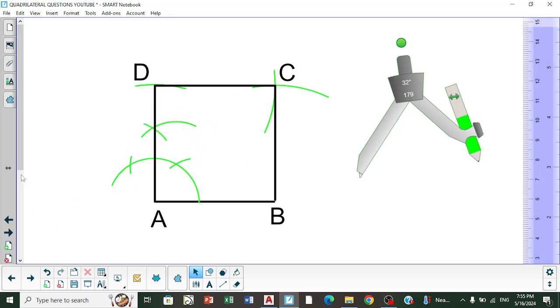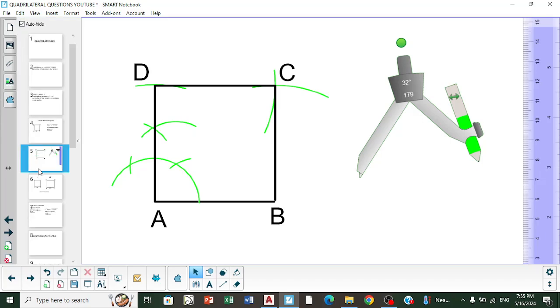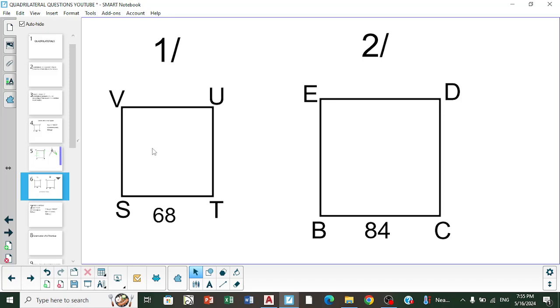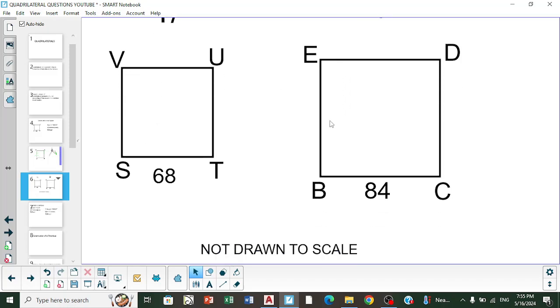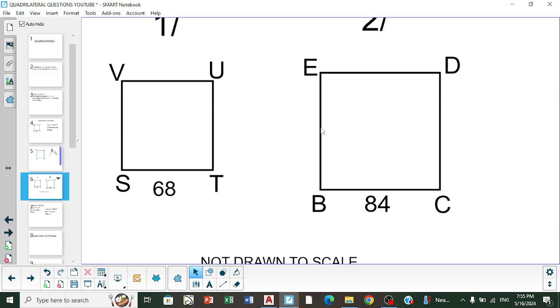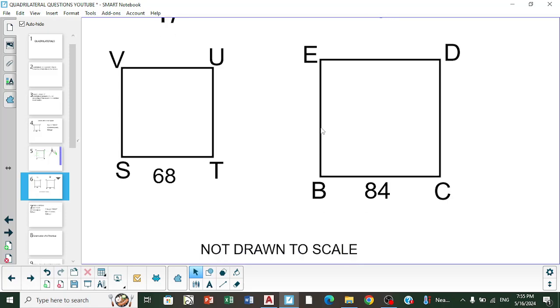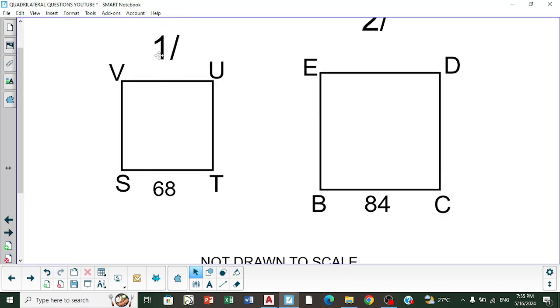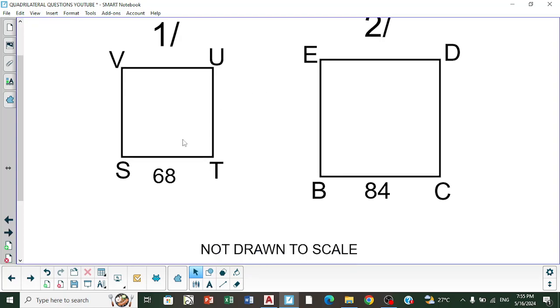Okay. Now I want you to proceed to do the following questions, 1 and 2. They are not drawn to scale. So this square is ST, which is the base of the square, is equal to 68.